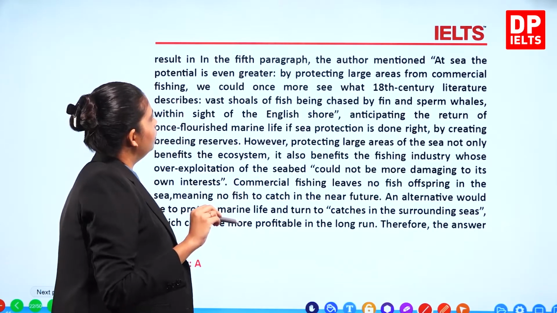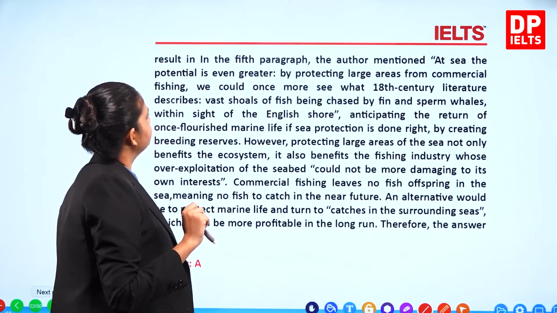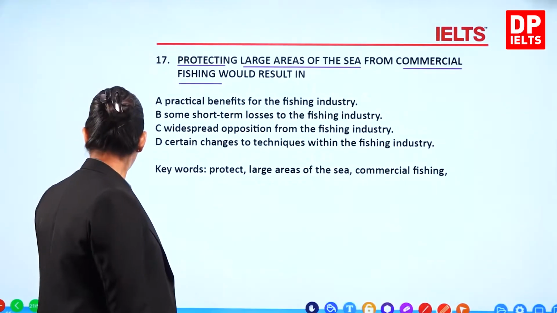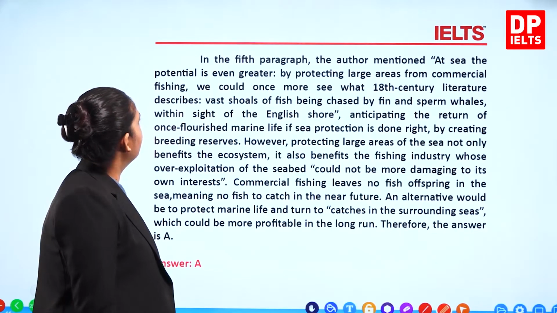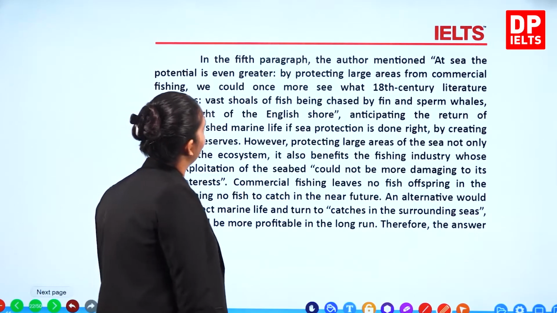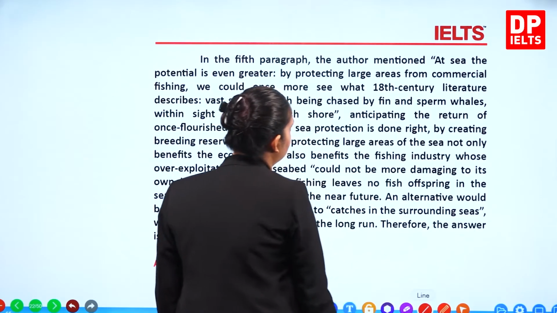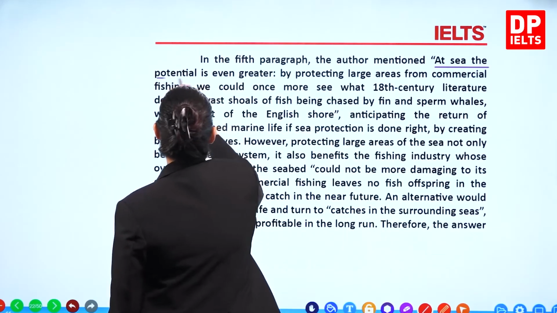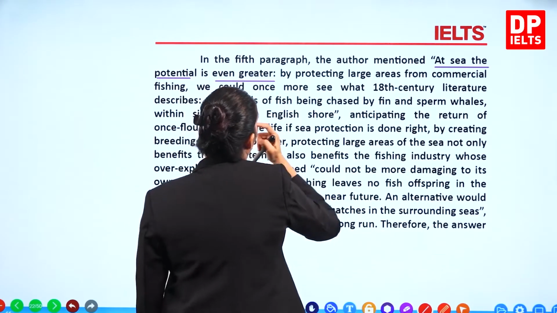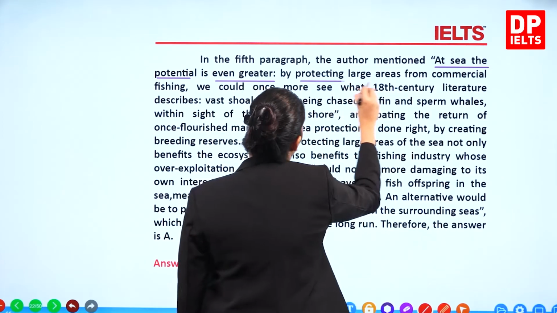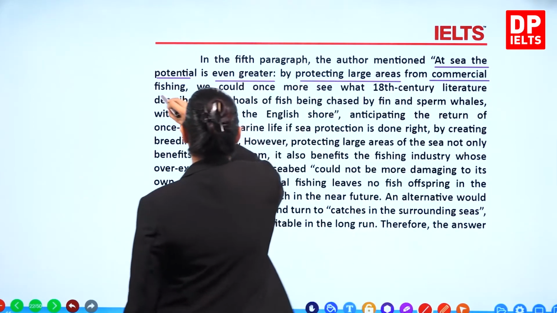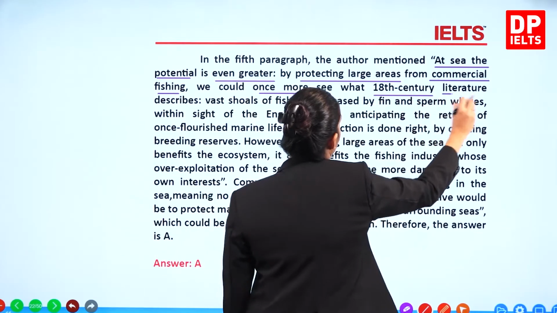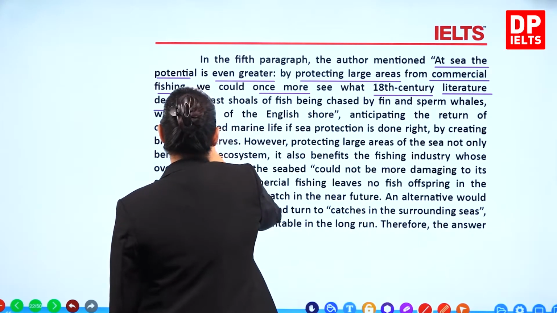Now, if you go to the fifth para, right, the author mentioned at sea, the potential is even greater. By protecting large areas from commercial fishing, we could once more see what 18th century literature describes.